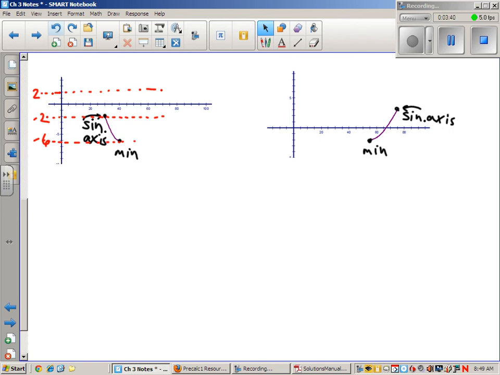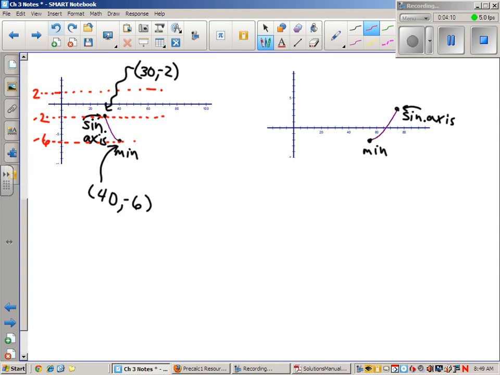Those 2 points that I'm given, my sinusoidal axis point right here, let's figure out some x and y coordinates for those. The tick marks on the x-axis go up by 5s, so it looks like it's at about 30, -2. And this minimum point, what do we think that one is at? That's probably at 40, -6.